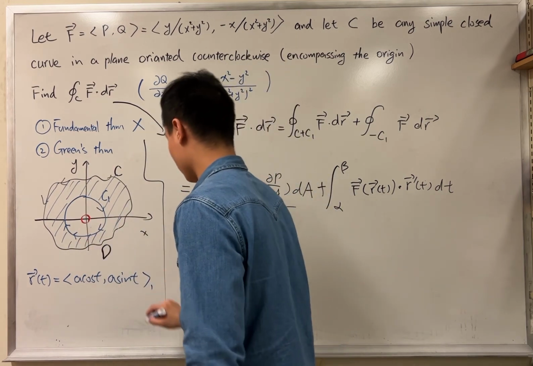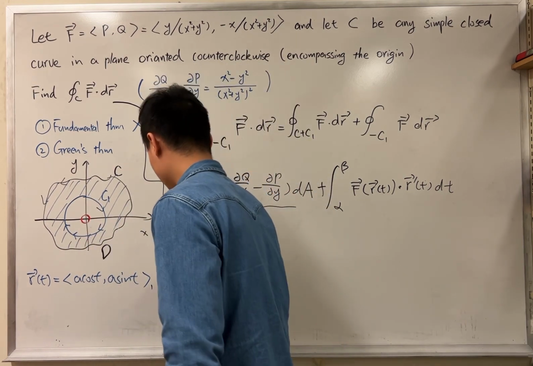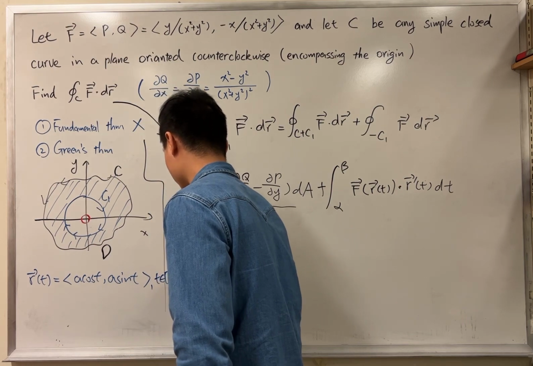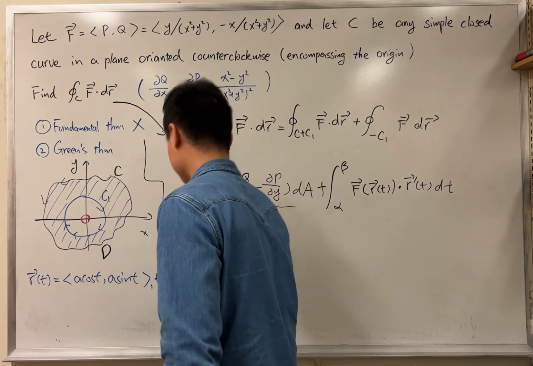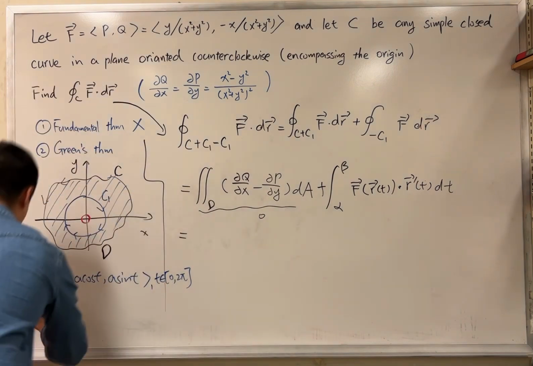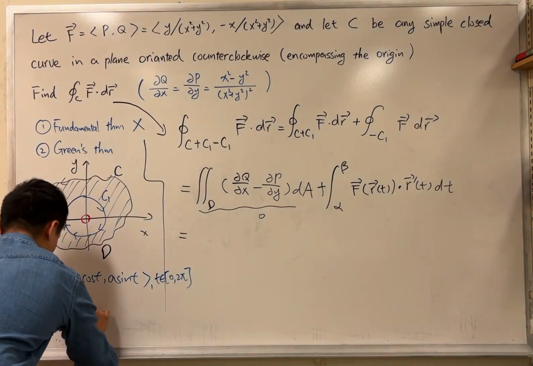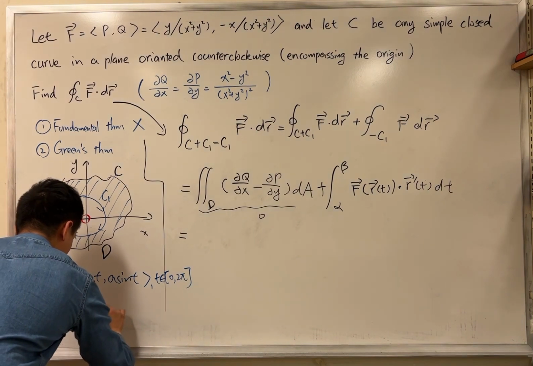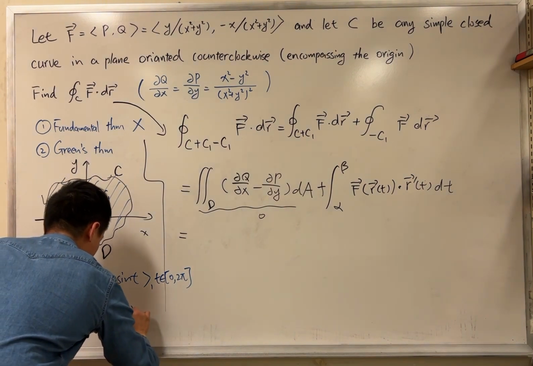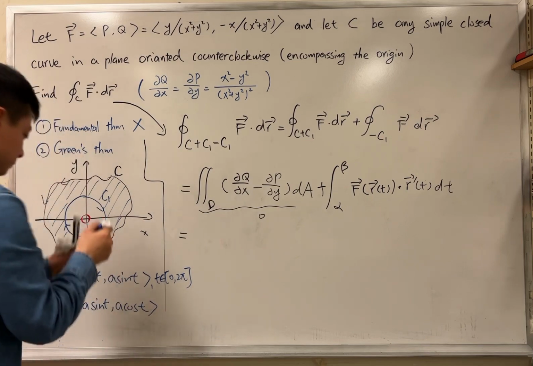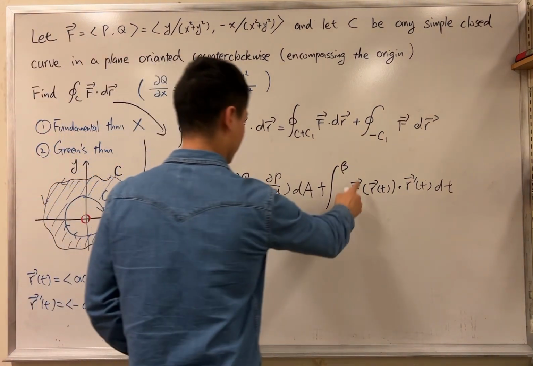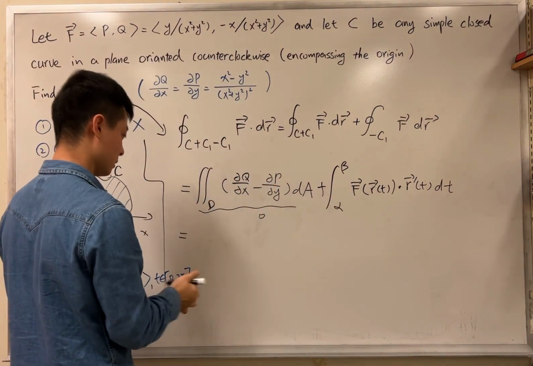And because it's going counterclockwise, we can have t range from 0 to 2 pi. For convenience, we also calculate r prime of t, which is negative a sin t, a cos t.